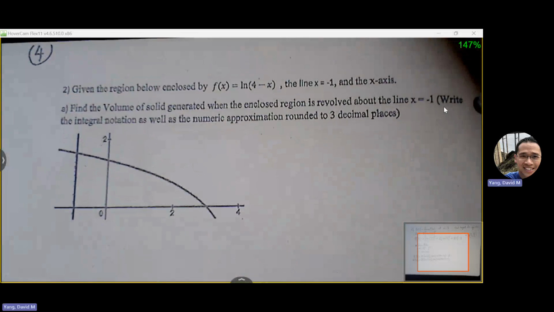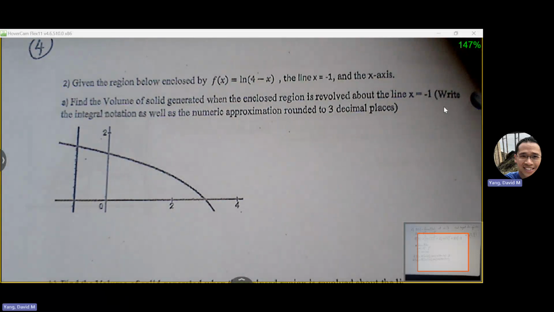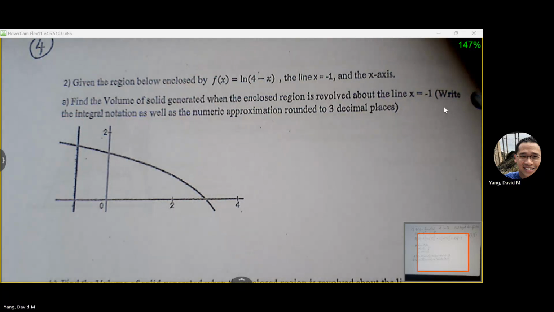Okay, if you're done with page 3, go to page 4. We'll spend the next 5 minutes, see if we can see how much of page 4 we can get through.